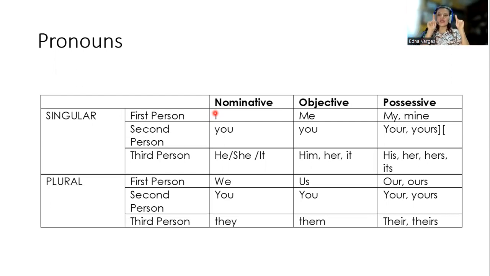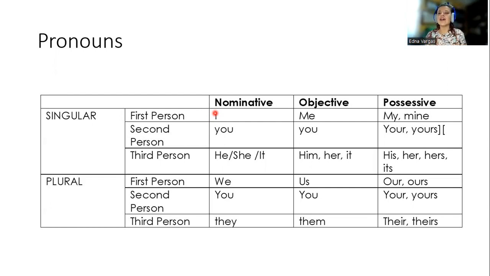So when the teacher uses her hands saying like this, it is because she's talking about you. Second person in singular is you because I'm talking about the other person and only you. Only one you. And then we have the third person, that is the he, the she, and the it.